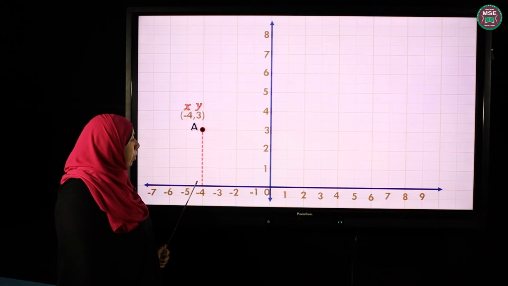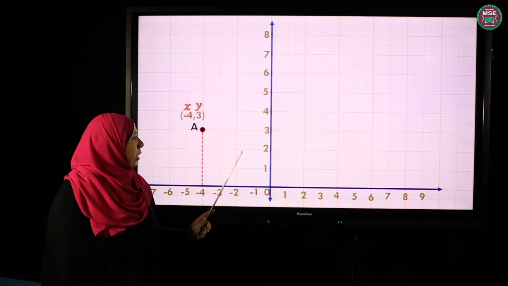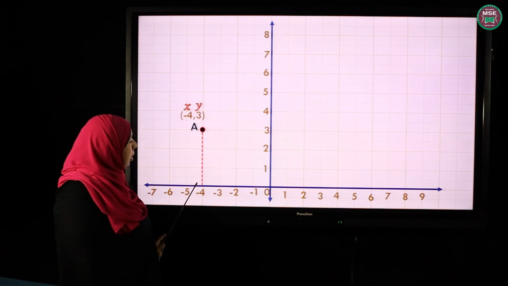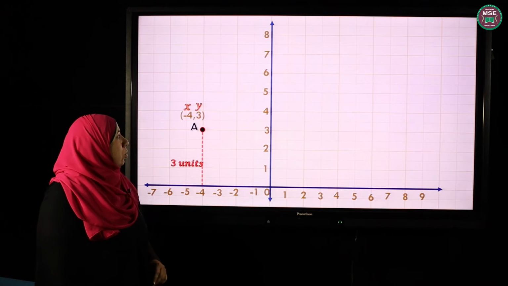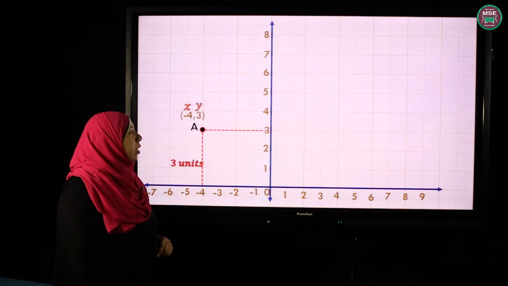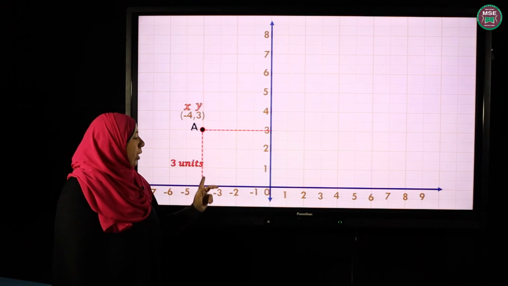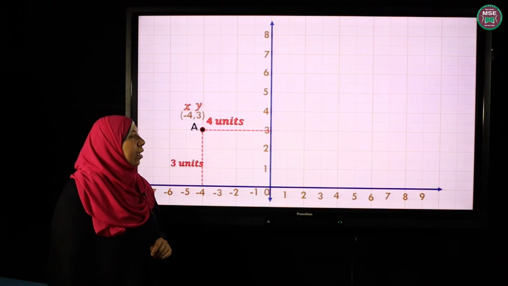This is A standing at 3, so this is at 3 units from the x-axis. And if I want the distance between this point and the y-axis, it's 4 units away from the y-axis.